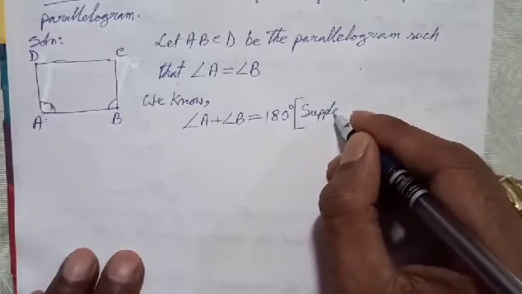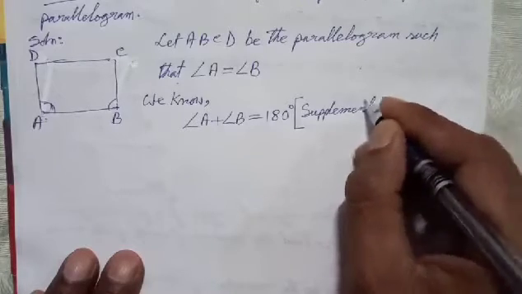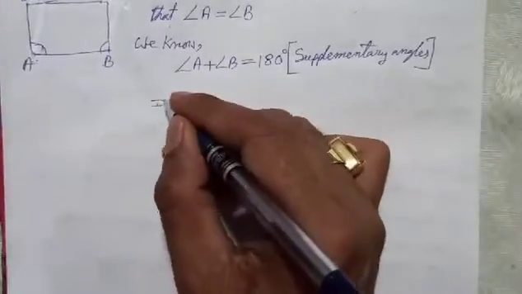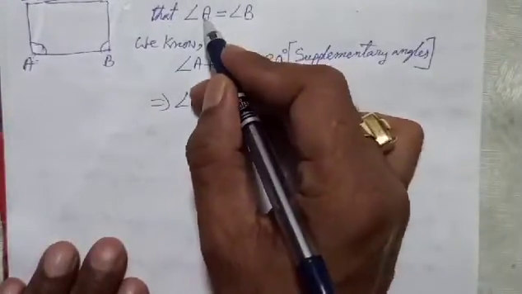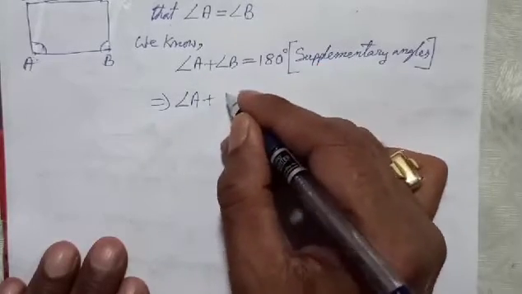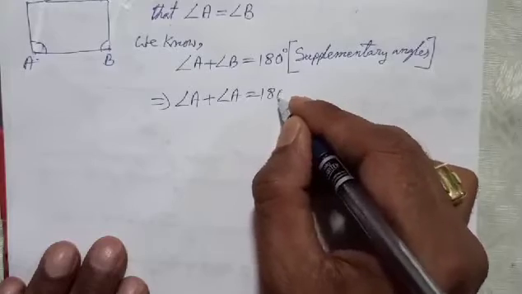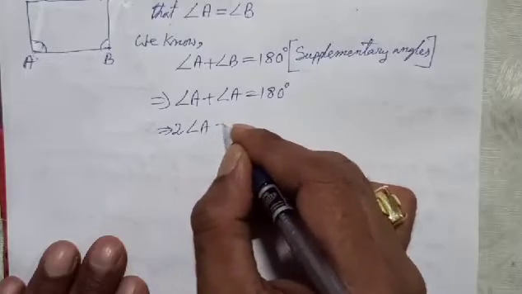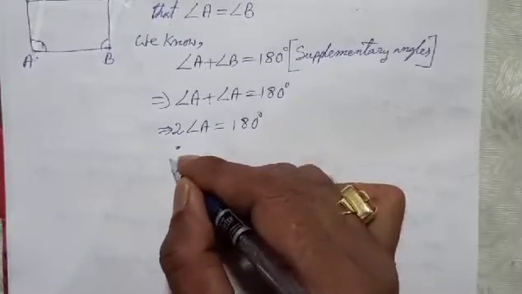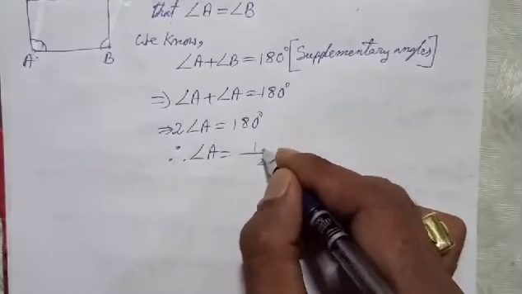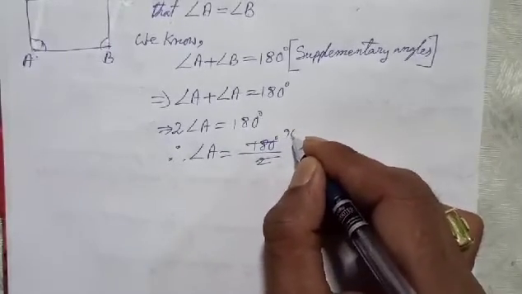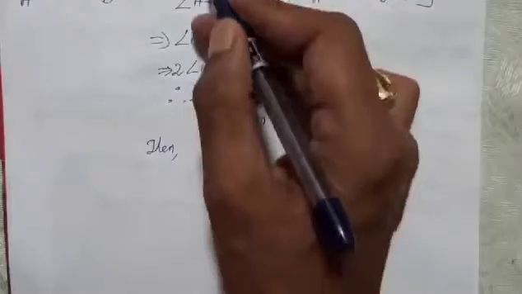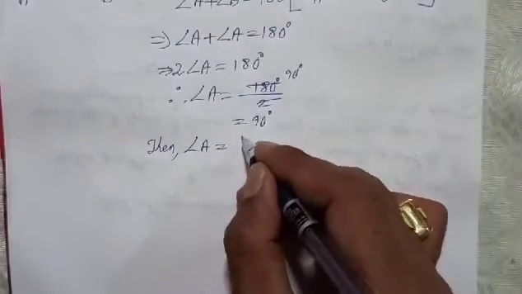Supplementary angles. Since angle A and angle B are equal, angle B we can write as angle A, and this is equal to 180 degree. Angle A plus angle A is 2 times angle A is equal to 180 degree. Therefore angle A is equal to 180 degree divided by 2. Then we are getting 90 degree. Angle A is 90 degree. Then since angle A and angle B are equal, both are 90 degree.